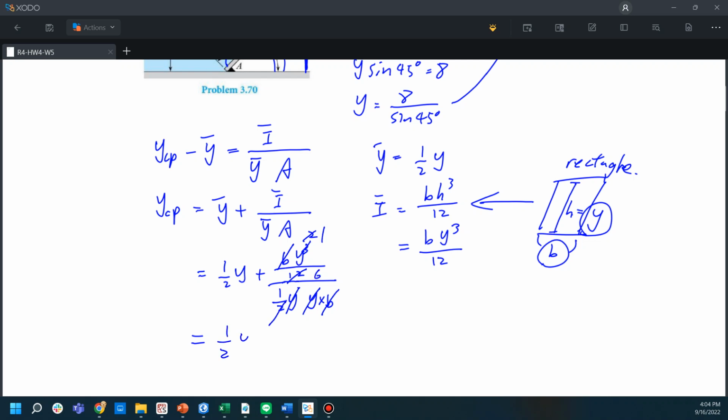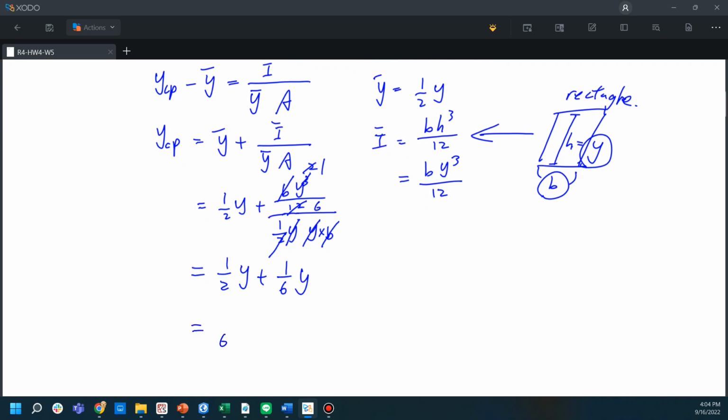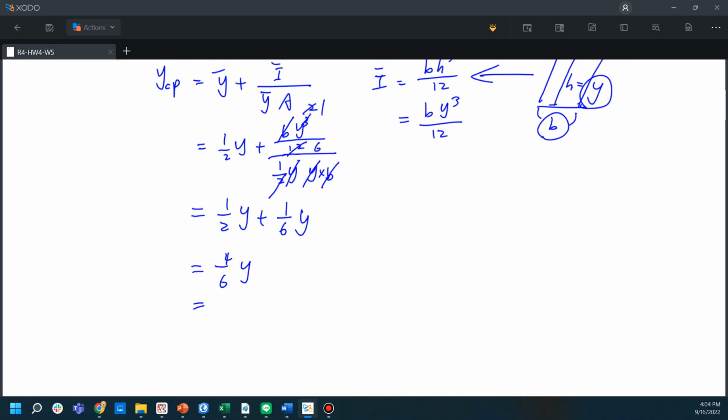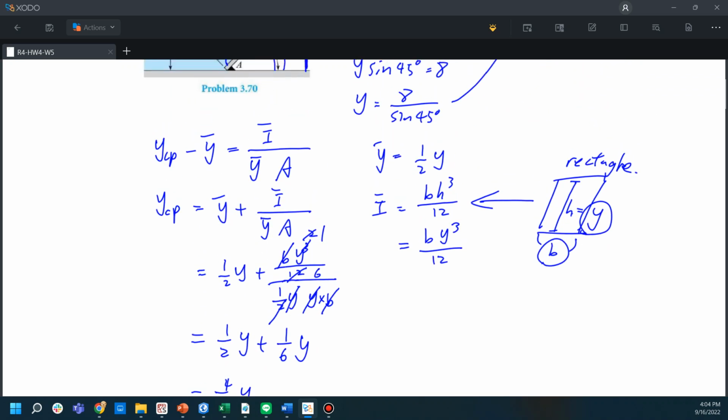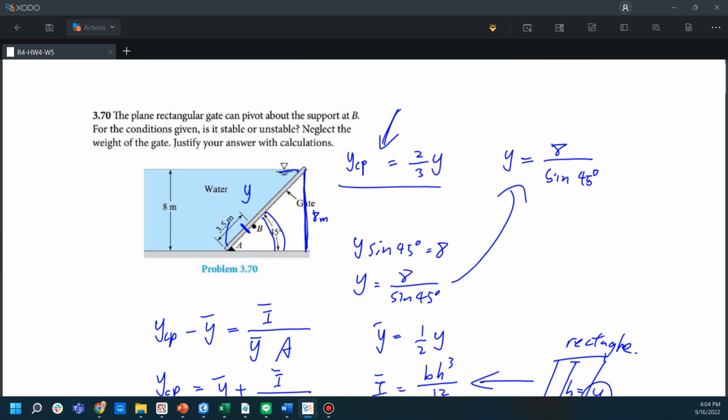So we have plus 1/6 Y. Then we divide by 2 for both numerator and denominator, and it becomes 2/3 Y. Then we got the same equation as what we proposed at the beginning.